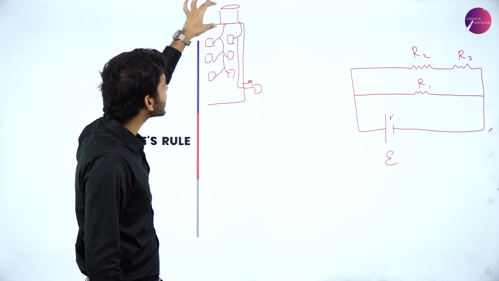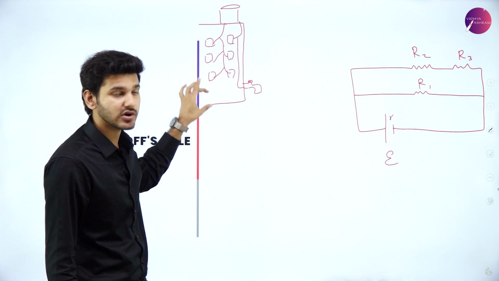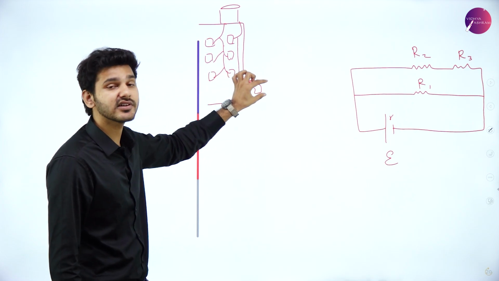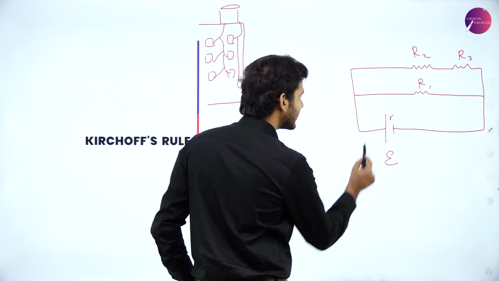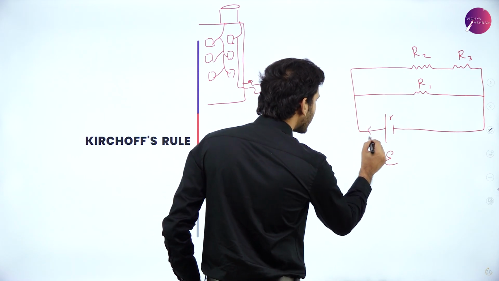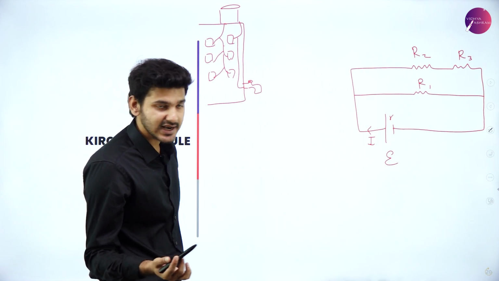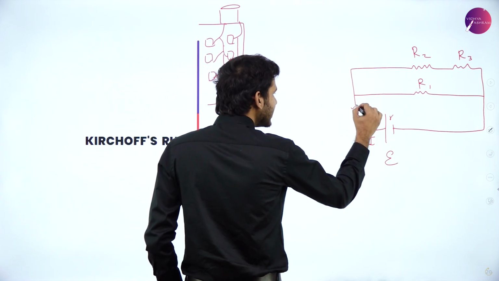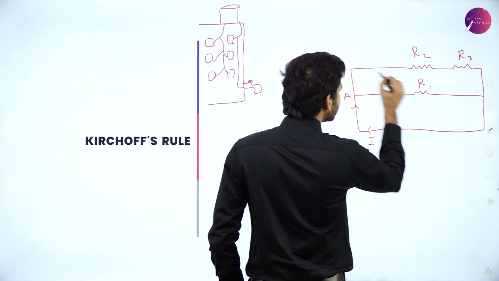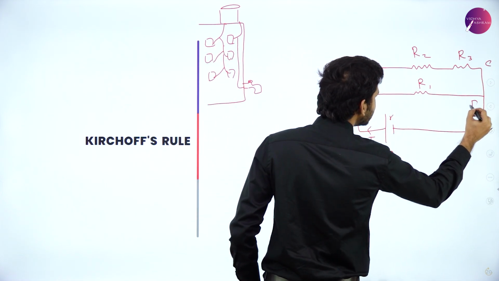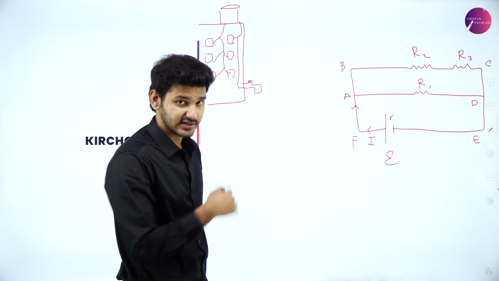Just like how the water coming from the tank is split into different areas of the houses or different houses and to different taps, just like that, this particular current, let's say this is I amount of current flowing out from this particular cell, then when it reaches this junction, let's say this is A, this is B, this is C, D, E and F. So the circuit is closed.